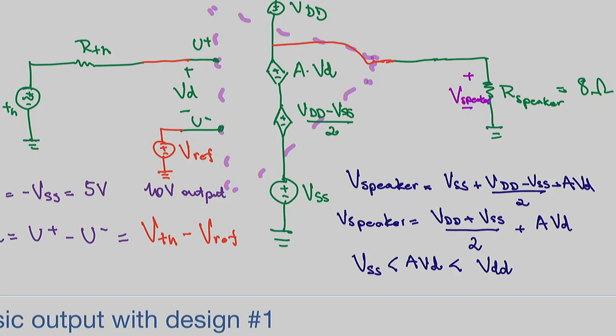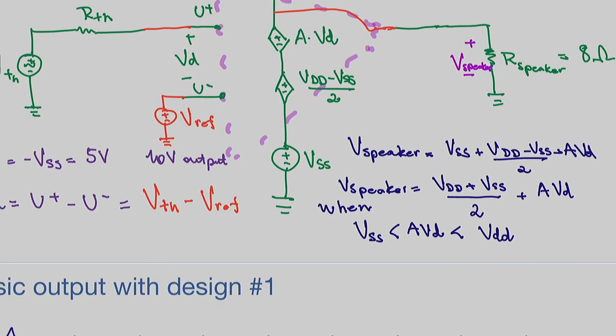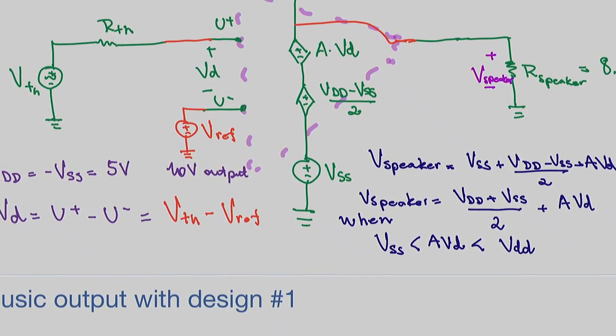So this is true when we have those conditions, which we do. Now let's see what happens. Here's where the cancellation comes from. Because we had VDD being minus VSS, now this term goes to 0. And when this term goes to 0, we are left with only this.